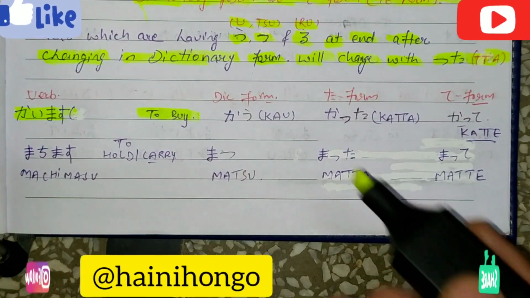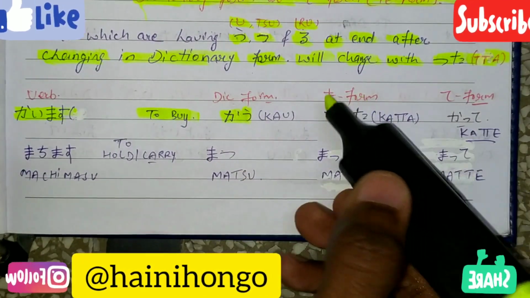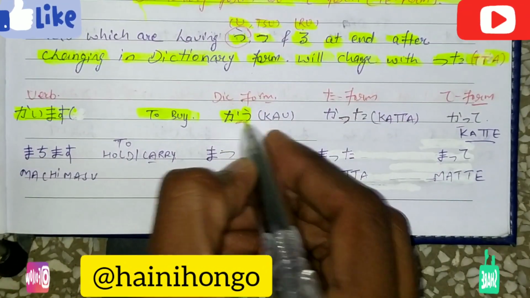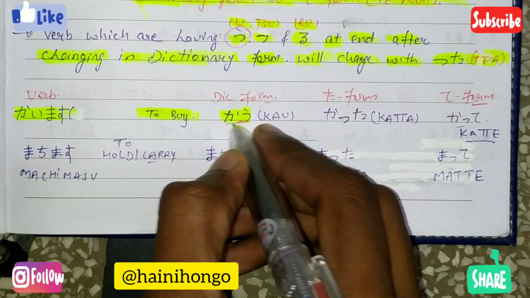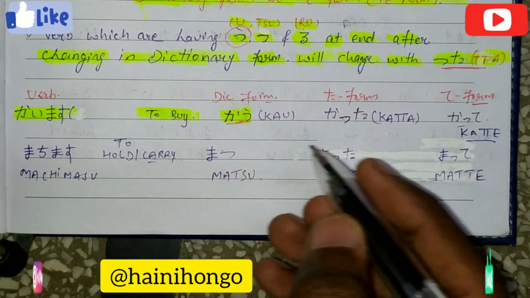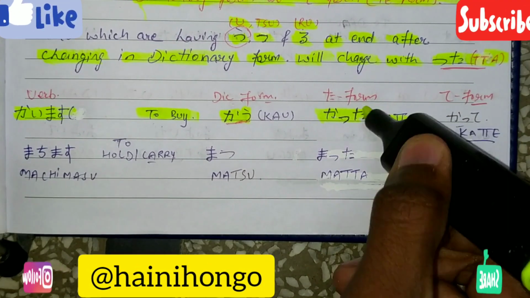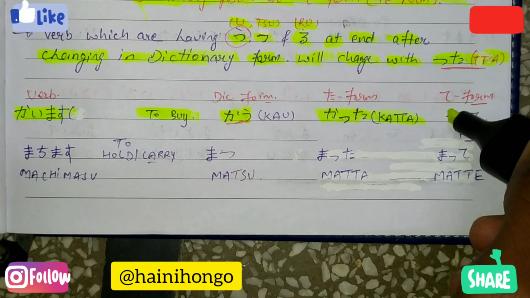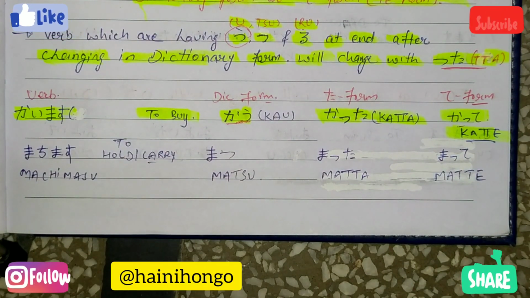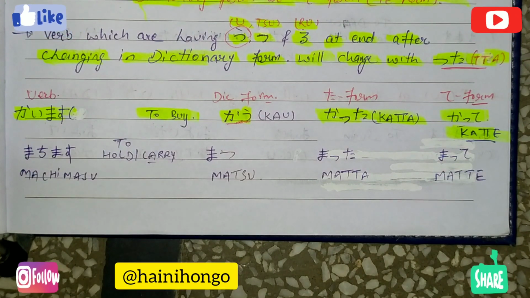So the dictionary form of kaimasu would be kau. So kau has this u at the end, and this would be changed with tta. So the ta form of kaimasu would be katta and the te form is katte. If you guys want to know how to make the te form, then you will have to watch the other video. I'll drop the link in the description.